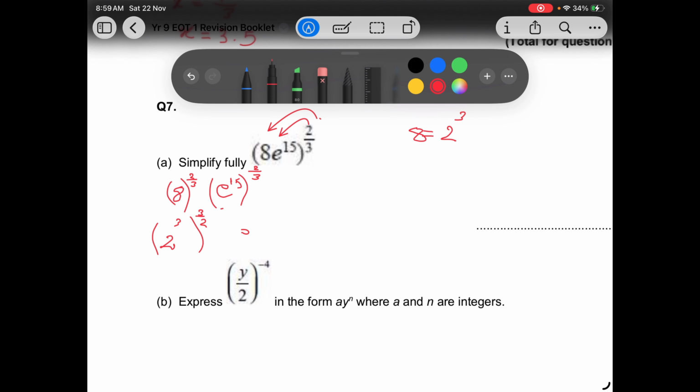Then keep this as it is for the time being, e to the power of 15 all to the power of 2 over 3. And you know, guys, when we have something raised to a power, then to a power, we do multiply the powers. So I will multiply these two guys here, and I will multiply these two guys here as well.